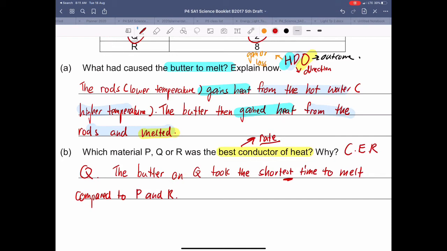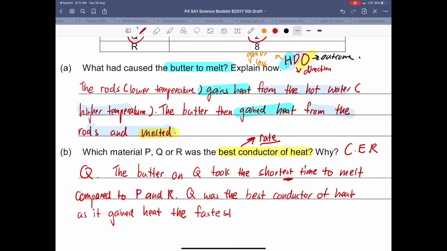Okay, so you have to say that, okay, material Q was the best conductor of heat, as it gained heat the fastest from the hot water.